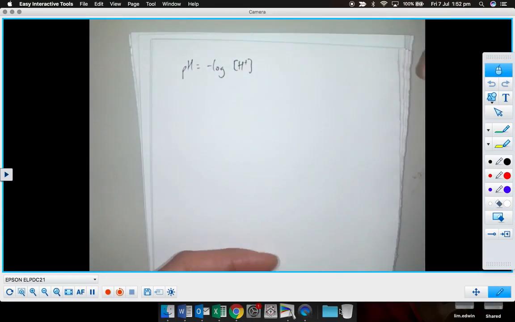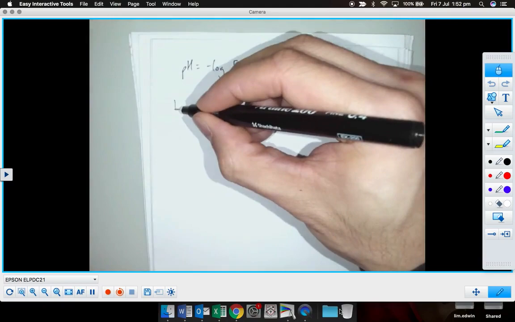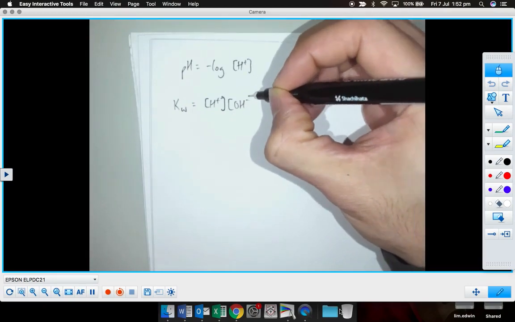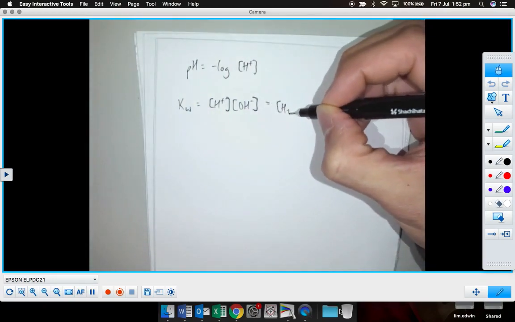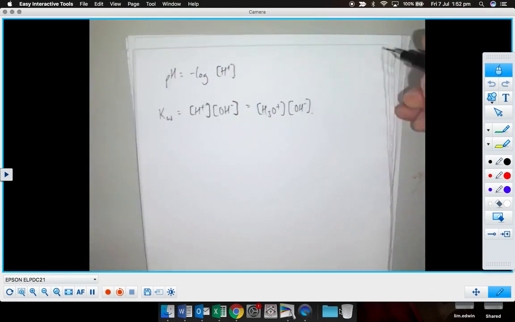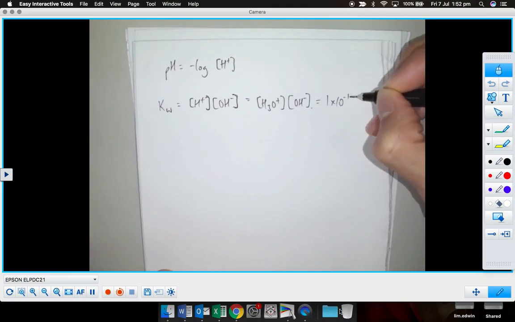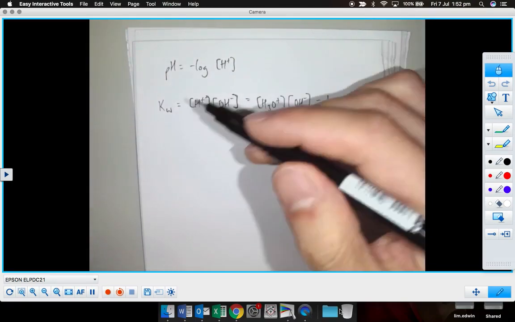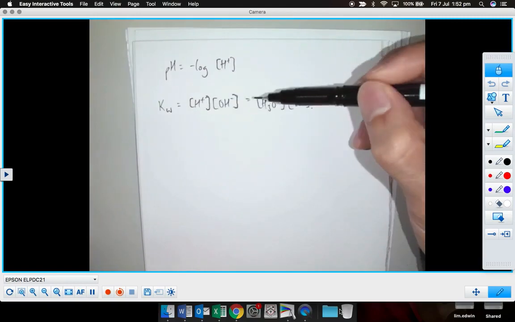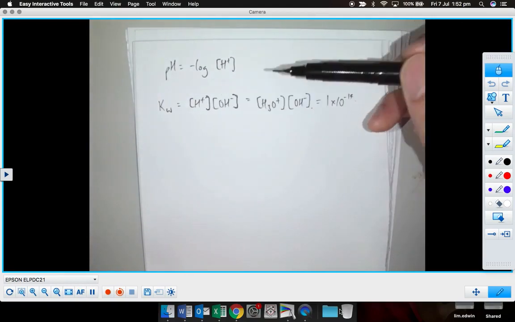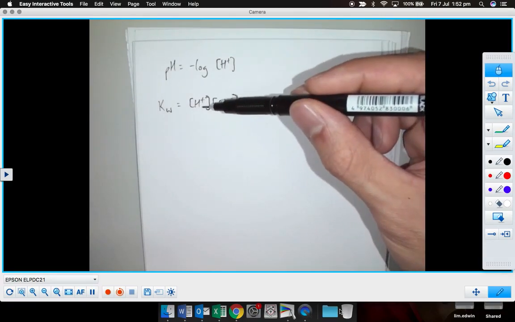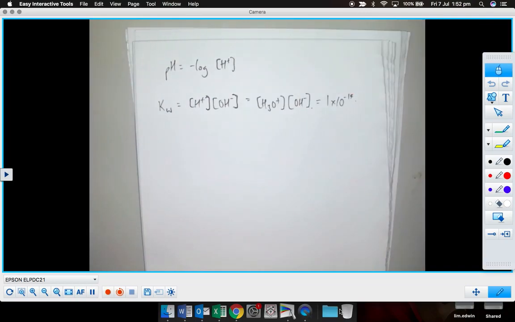However, you don't have H plus so easily, so we need to use the Kw equation, where Kw is equal to H plus times OH minus, or H3O plus times OH minus, which is equal to 1 times 10 to the negative 14. So this is your Kw equation. We're going to use this equation, so we need to get the concentration of OH, and with the concentration of OH, we can work out the concentration of H plus and therefore work out the pH.